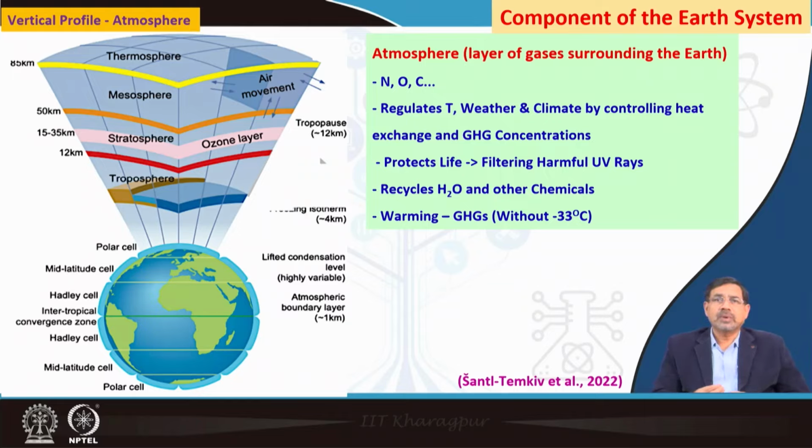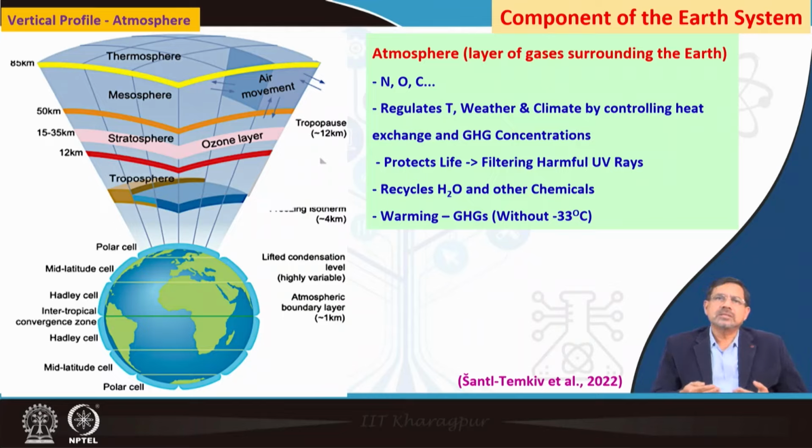The atmosphere plays a key role in protecting life by filtering the harmful UV radiation. Through the hydrological cycle, it also recycles water and other chemicals. And also, as we know, we have a greenhouse gas layer, a blanket around the Earth.